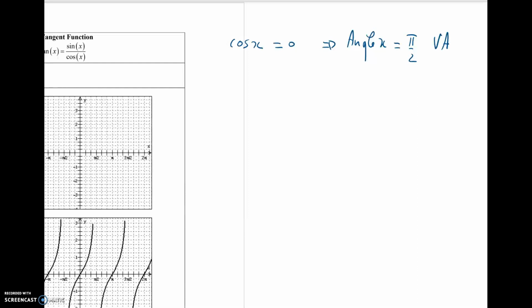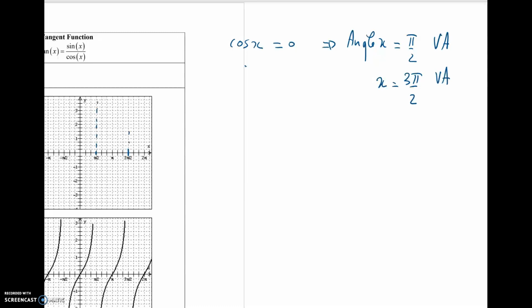But you also know that cosinus x is equal to 0 when your angle is equal to 3 pi over 2. So at x equals pi over 2 or 3 pi over 2, you have a vertical asymptote.